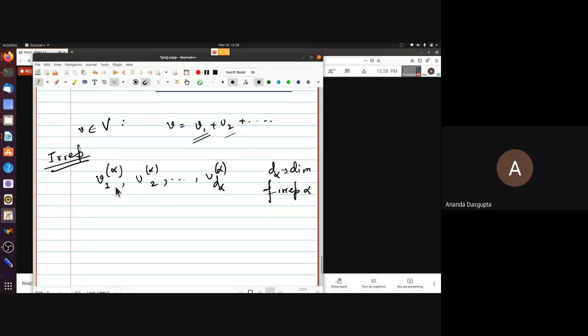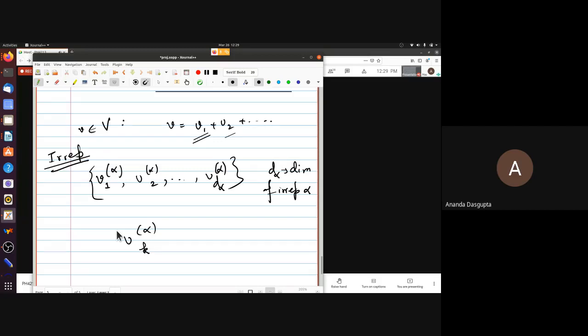So what I could say is, if I knew all the irreps which build up my particular reducible representation, I could just take their basis vectors, so something like v alpha k, and put them all together. So k will run from 1 to d alpha, and then alpha will run over all possible values which alpha can take.